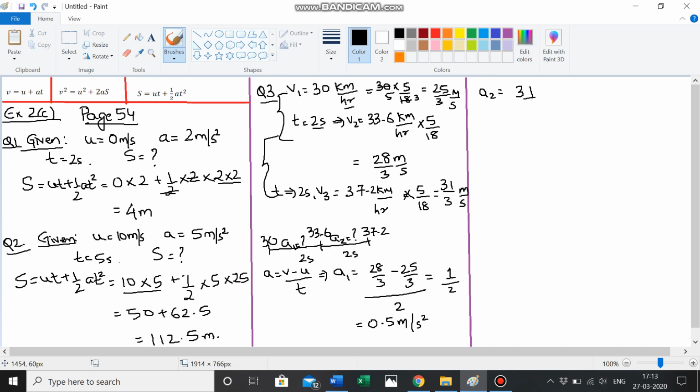Acceleration 2 is 31 by 3 minus 28 by 3, final velocity minus initial velocity upon total time. Again, the total time is 2 seconds. So 31 minus 28 is 3, so this is 1 upon 2, which is 0.5 meter per second square. So acceleration 1 is 0.5, acceleration 2 is 0.5. Question is, is the acceleration uniform? Yes, it is uniform acceleration.